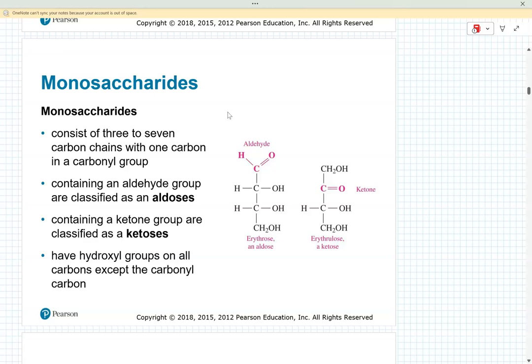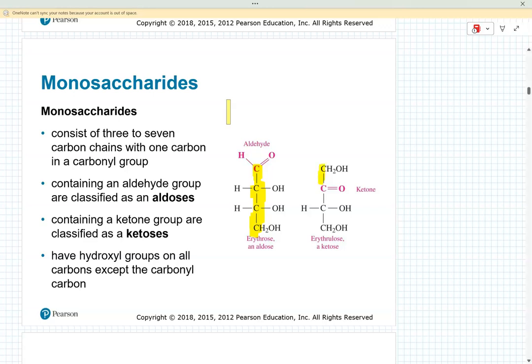So monosaccharides, there are several classifications here. Monosaccharides can have 3 to 7 carbon chains. Okay? That make sense? So, for instance, this monosaccharide, erythrose, is 4.